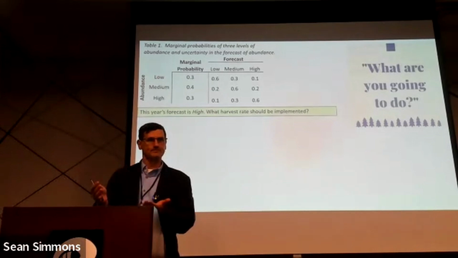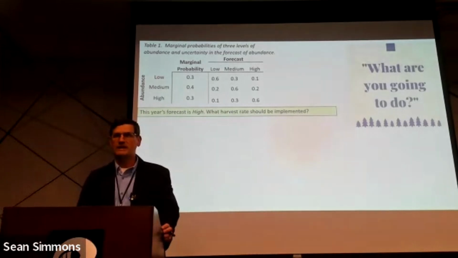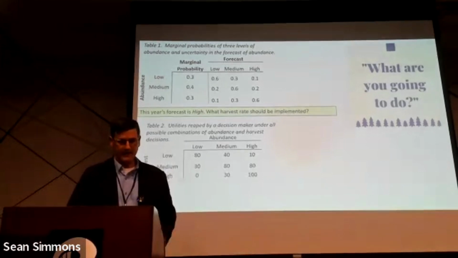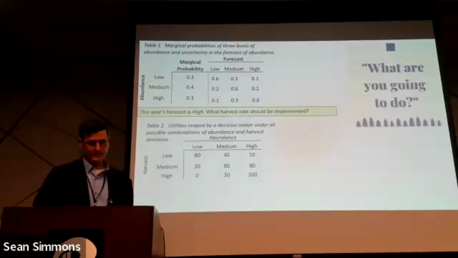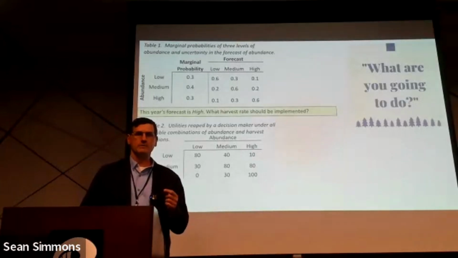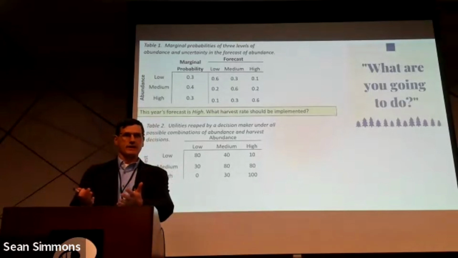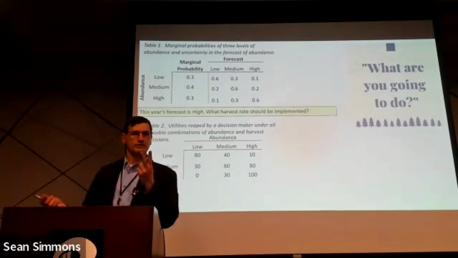And to get at this question, there's one more piece of information we need, and that is the utilities, or the perception of risks and rewards, associated with promulgating a harvest regime that is correct versus a harvest regime that is wrong. And you can be wrong in 2 ways, right?